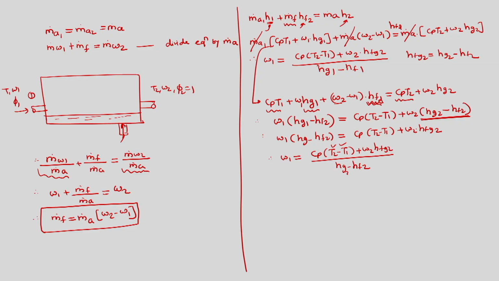So, this gives us the expression for prediction of omega 1, or what we tell as the specific humidity of the air. So, this temperature is also called as wet bulb temperature.